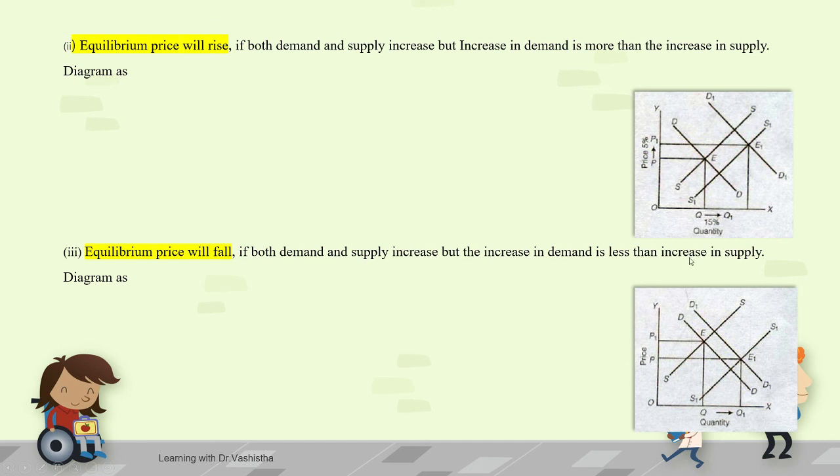What happens to the equilibrium price when both demand and supply are increasing, but the increase in demand is less than the increase in supply? The equilibrium price will fall. Here you can see that the DD curve has shifted from DD to D1 D1, and the supply curve has shifted from SS to S1 S1, but the increase in supply is more than the increase in demand.